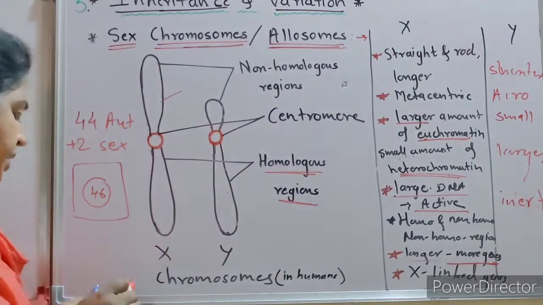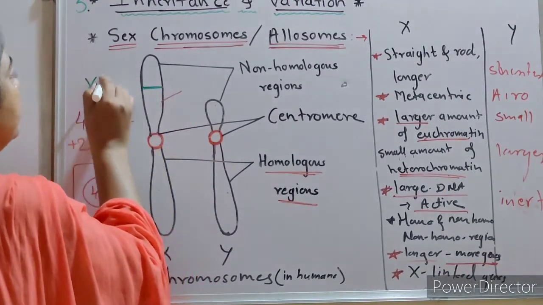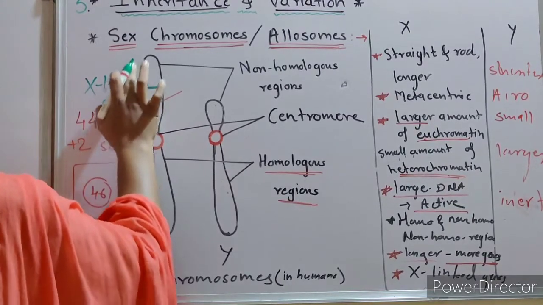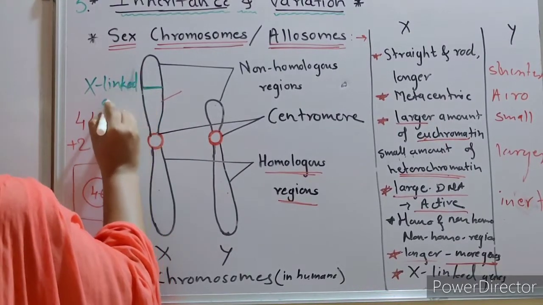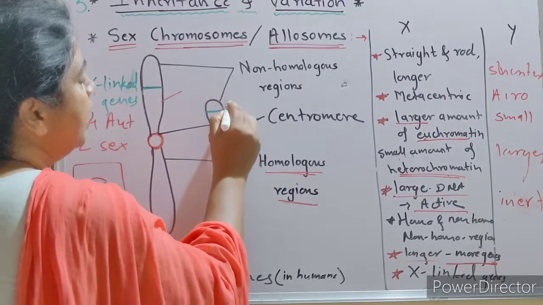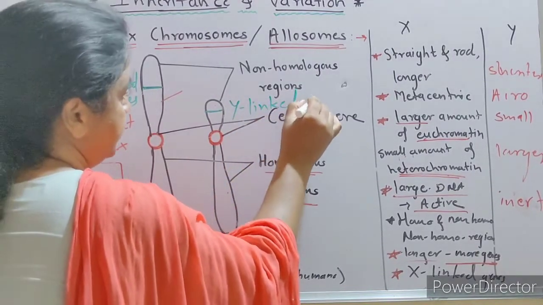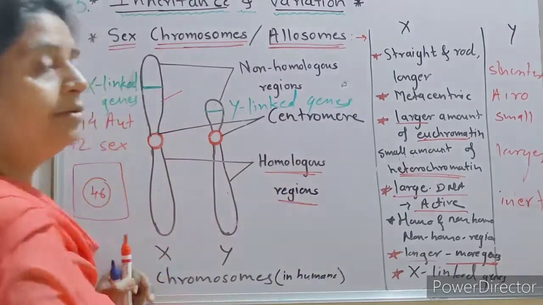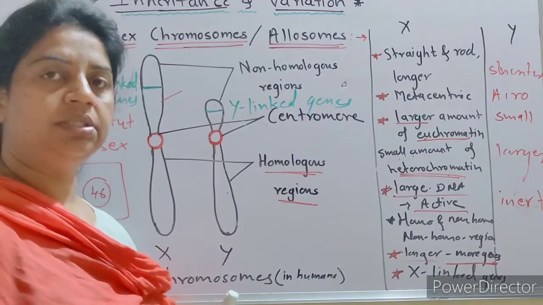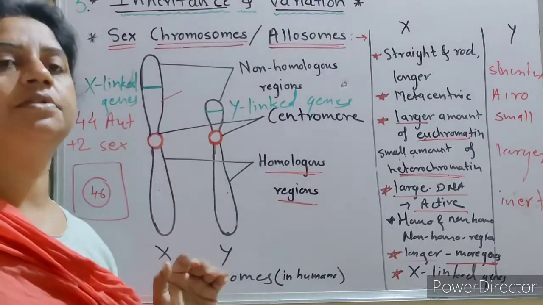This non-homologous region of the X chromosome has X-linked genes, and the non-homologous region of the Y chromosome has Y-linked genes. These linked genes are actually not responsible for sex determination.